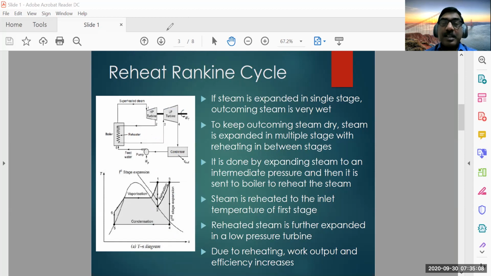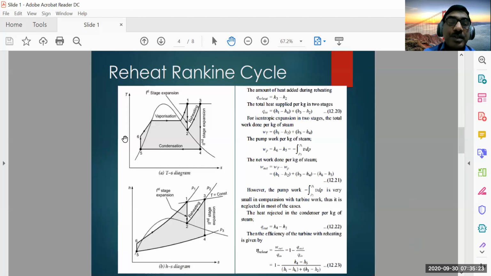See, in this one, basically your task is to find out the enthalpy at different points. You can see this diagram. This is the TS diagram and this is the HS diagram, the enthalpy entropy diagram, which is nothing but the Mollier chart, and this is a temperature entropy diagram.